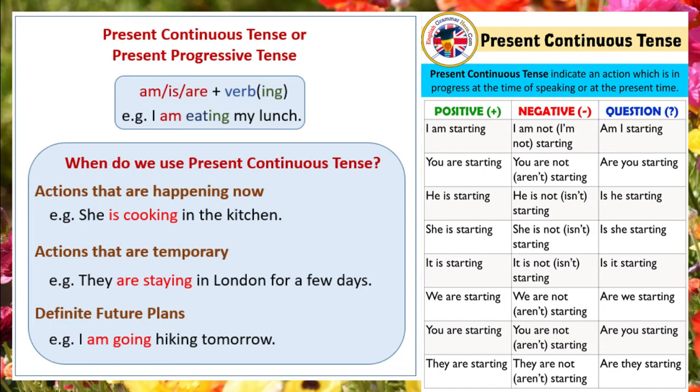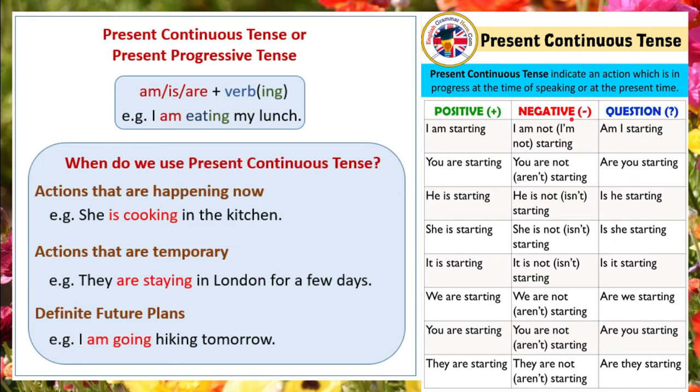Actions that are temporary. For example, they are staying in London for a few days. Definite future plans. For example, I am going hiking tomorrow. Present continuous tense indicates an action which is in progress at the time of speaking or at the present time.